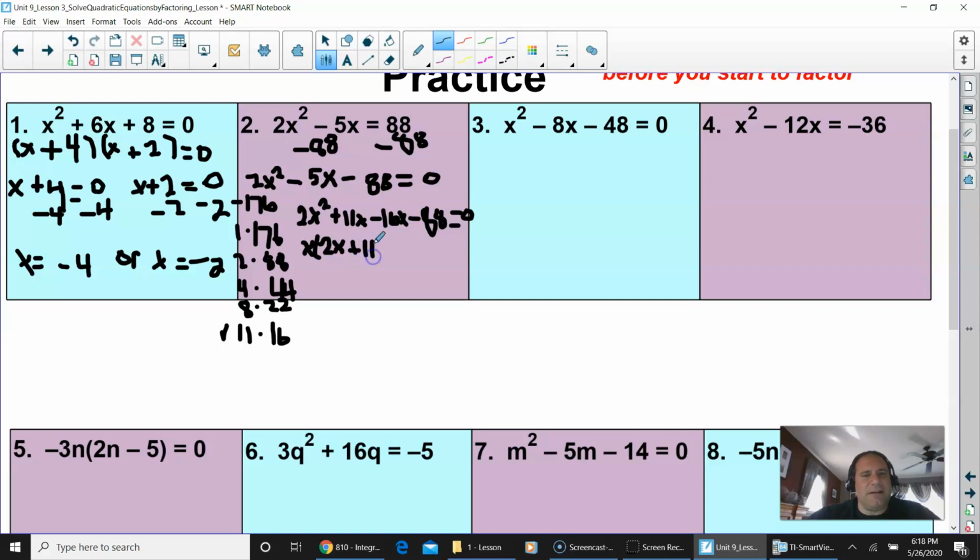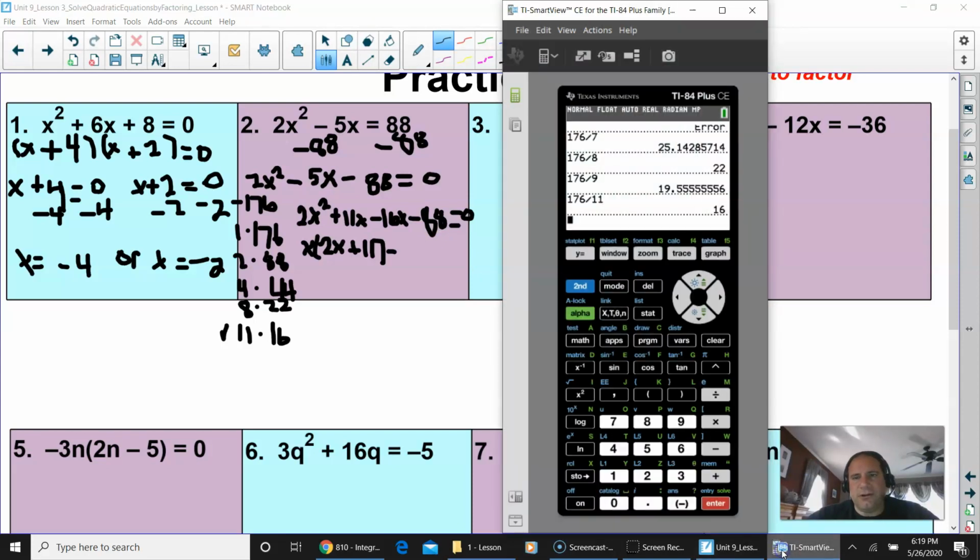X times 11. So out of 16 and 88, not sure. Does 16 go into 88? No, it doesn't.